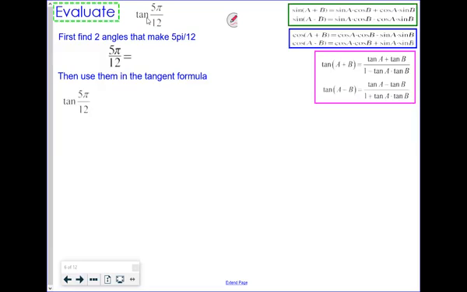Let's use 2 pi by 12 plus 3 pi by 12 to get to 5 pi by 12. Those are the special angles we know. 2 pi by 12 is pi by 6. 3 pi by 12 is pi by 4.